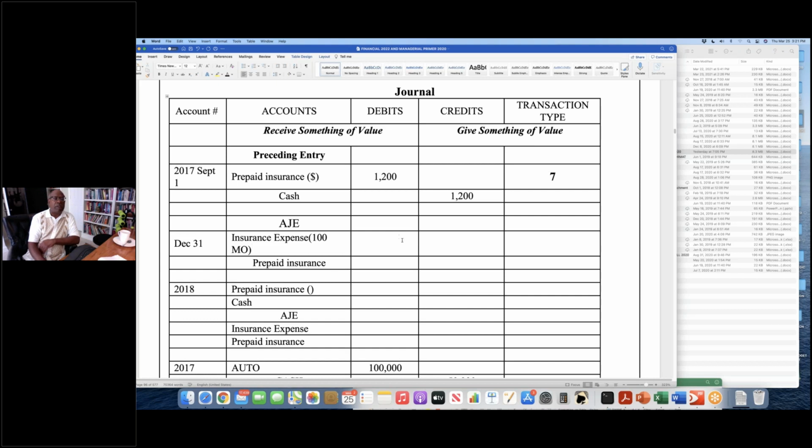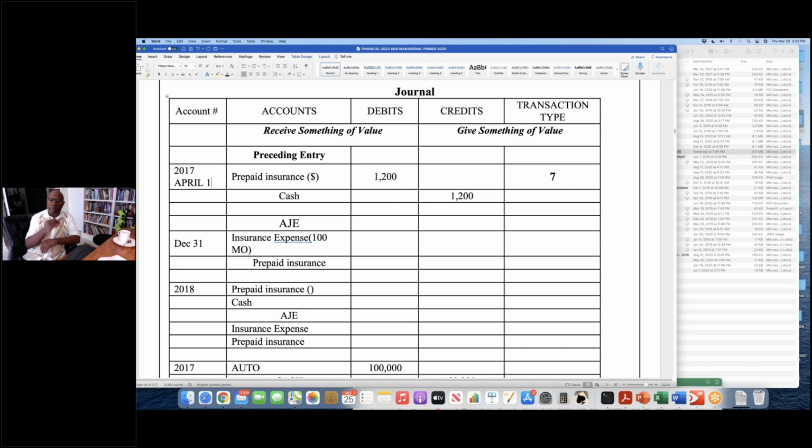So what's the insurance expense going to be on December 31st?